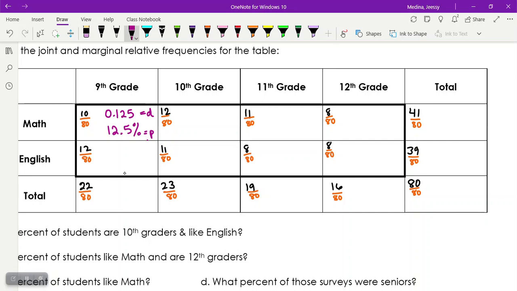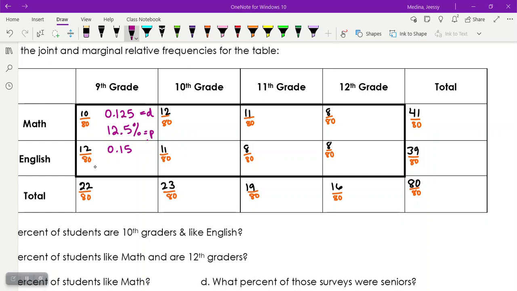All right, next, grab your calculator. 12 divided by 80. 0 point. Okay.